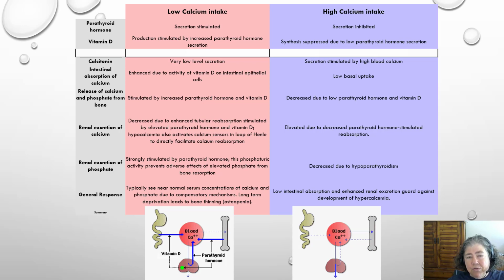And the same thing is true with high calcium intake. We typically don't get super high calcium levels, because of the mechanisms: the inhibition of parathormone production and the increase in calcitonin production and all of those things.